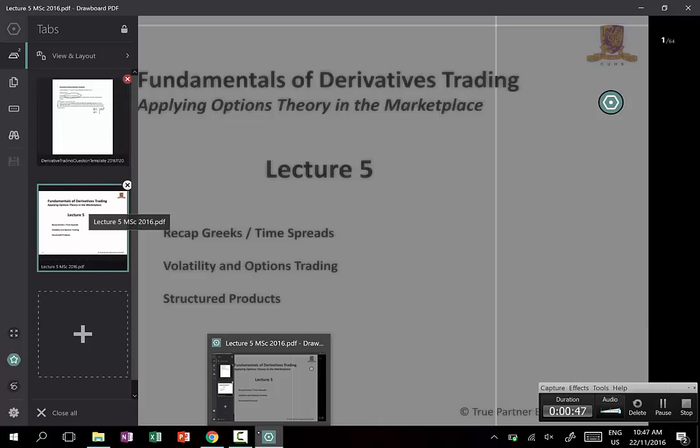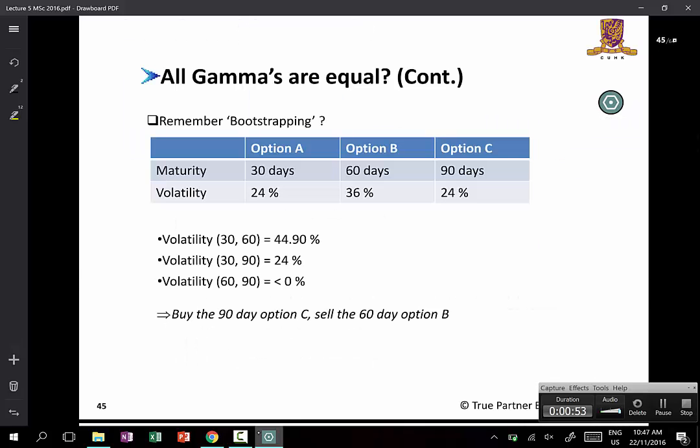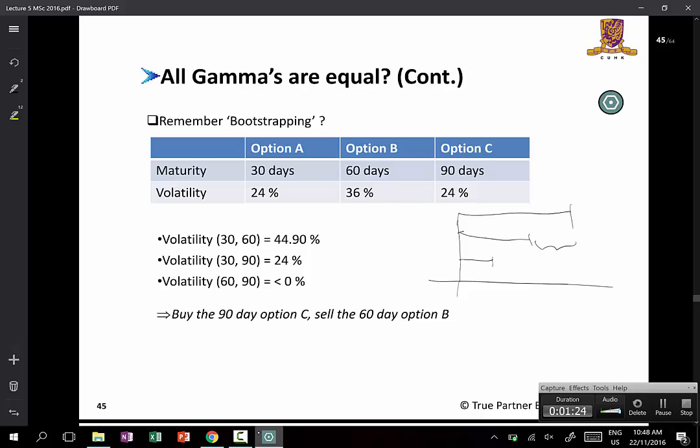So this is page 45. Again, you can calculate as I have said before, if you know the volatility between 0 to 30 days and then 0 to 60 days or even 0 to 90 days, then it is possible to work out what is the break even of the forward vol from 60 day to 90 days.